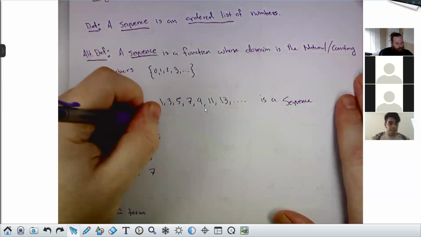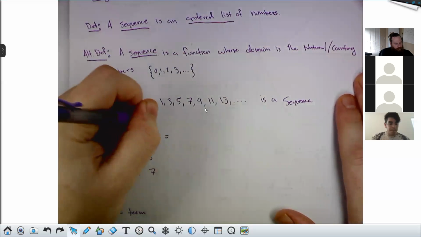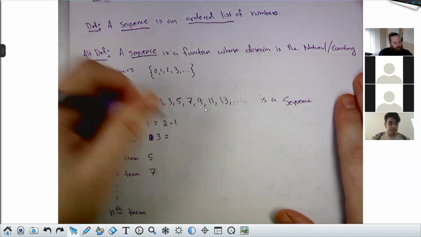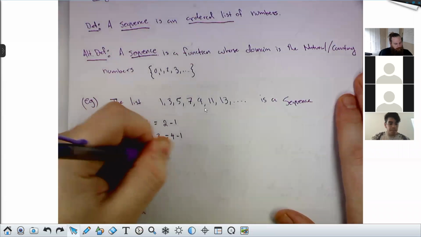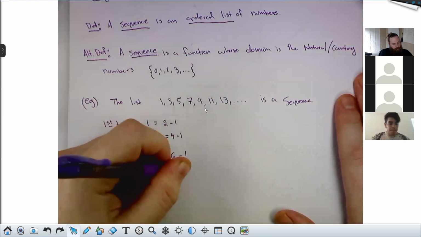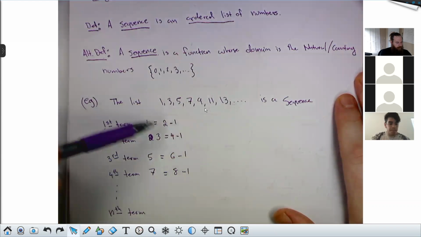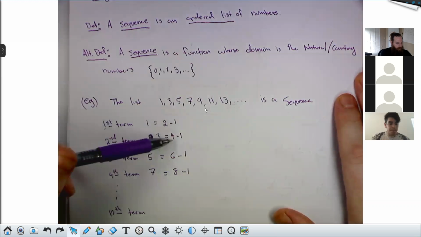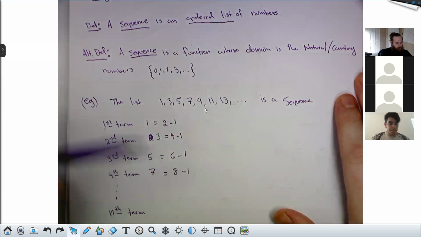So 1 I can think of as 2 minus 1, 3 I can think of as 4 minus 1, 5 I can think of as 6 minus 1, 7 I can think of as 8 minus 1.